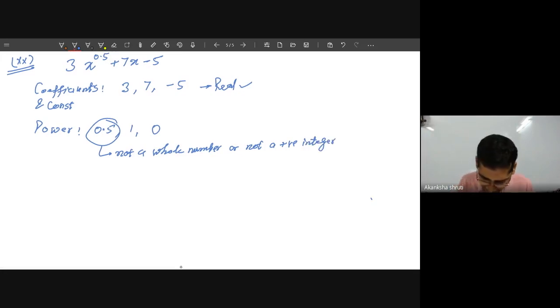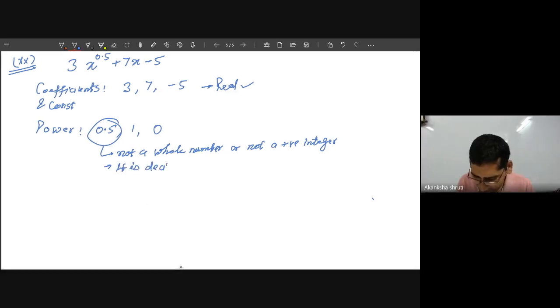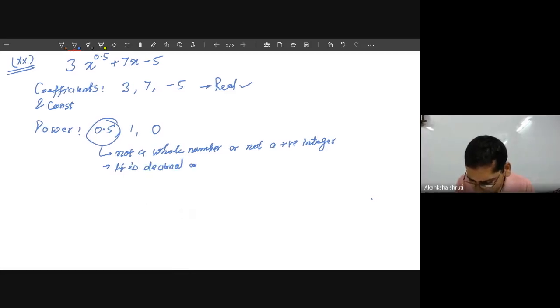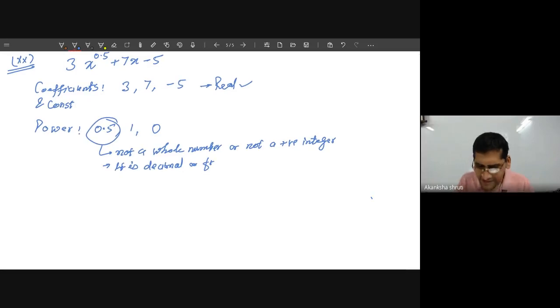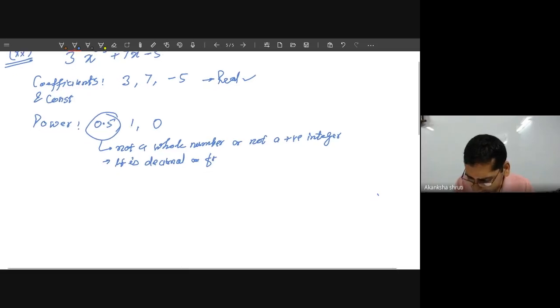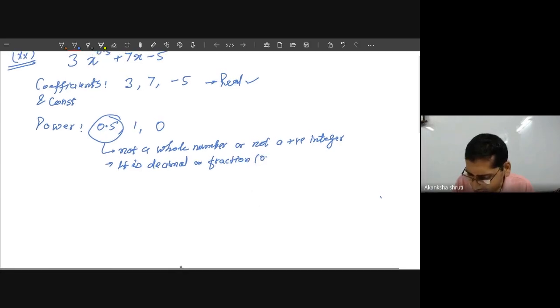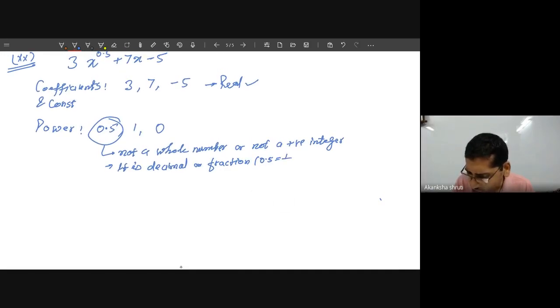What is this? It is a decimal. If you convert this decimal into a fraction, then it is a fraction. Means 0.5 is like 1/2.